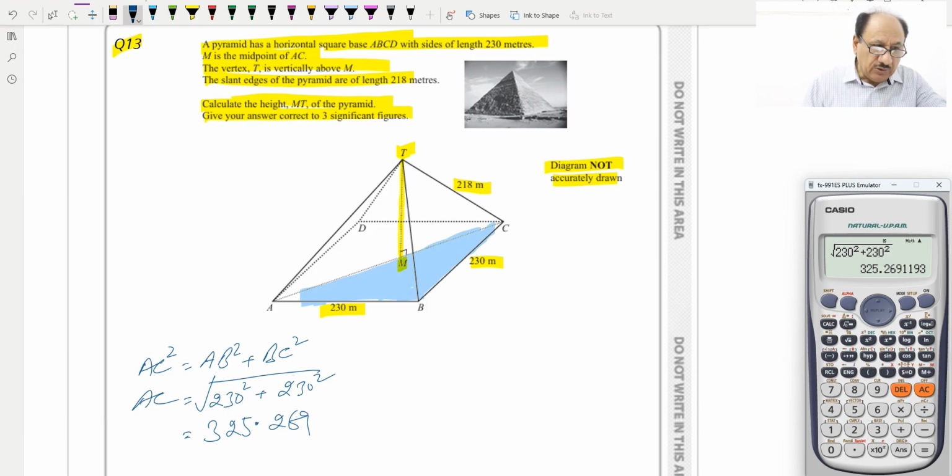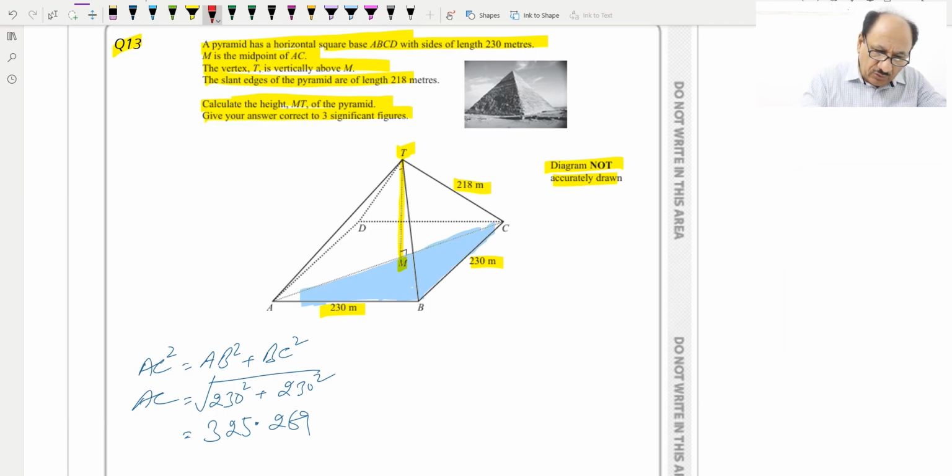Yes. So now we can take the half, since basically the height is what we need to find. So now we will be considering this triangle, in triangle AMT, and we can apply Pythagoras theorem.